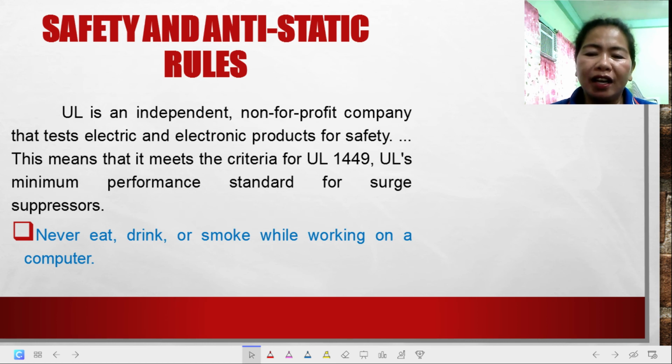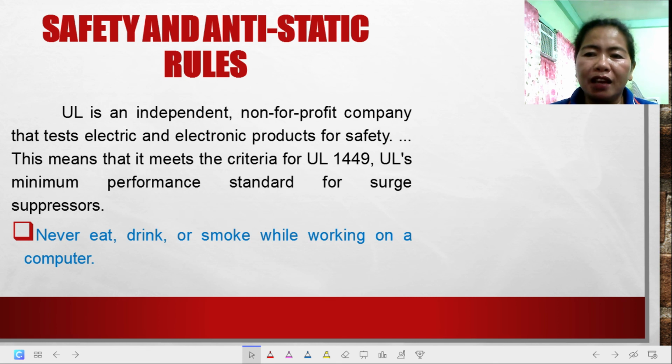And that is why our computer units are in danger, because of the presence of rats around. So that is why bringing food and drinks, especially liquid drinks, should supposedly be prohibited.